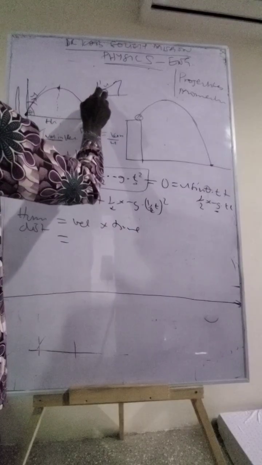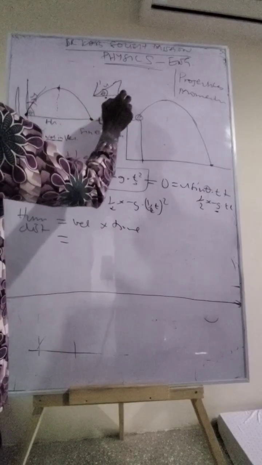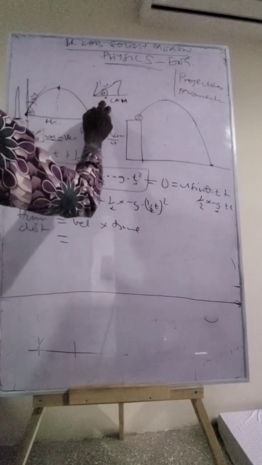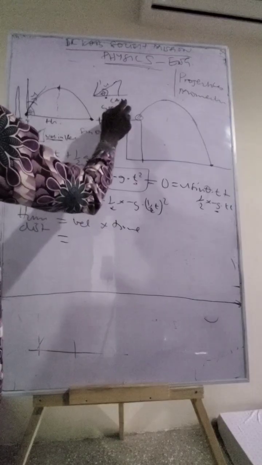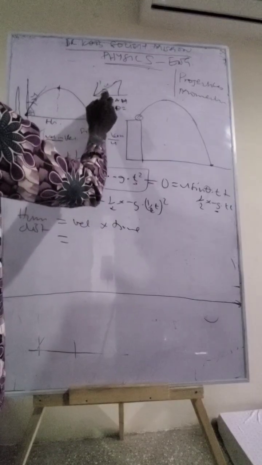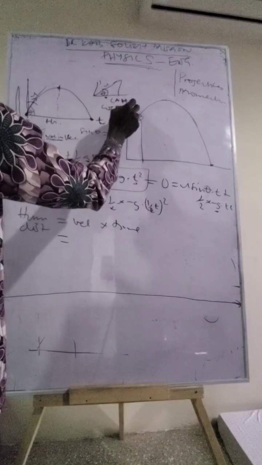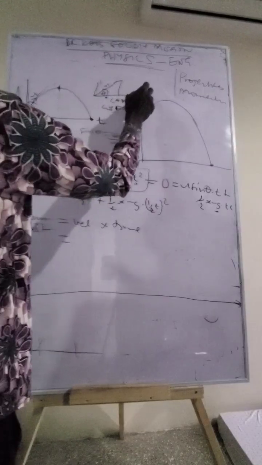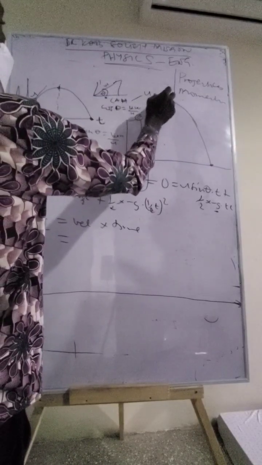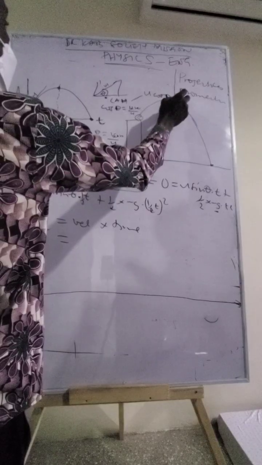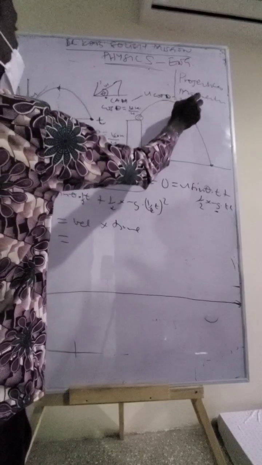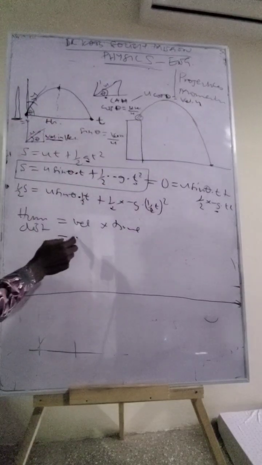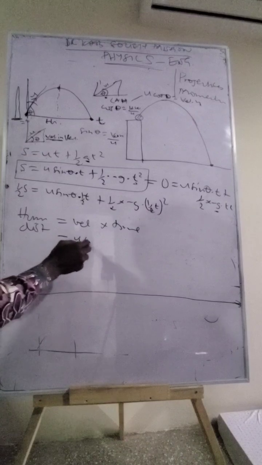This side is adjacent to the angle, so it's adjacent and then hypotenuse. So we are going to use cos theta is equal to adjacent, which is the horizontal velocity, over hypotenuse, which is u, which implies that u cos theta is the velocity in the horizontal. So the velocity in the horizontal is u cos theta.